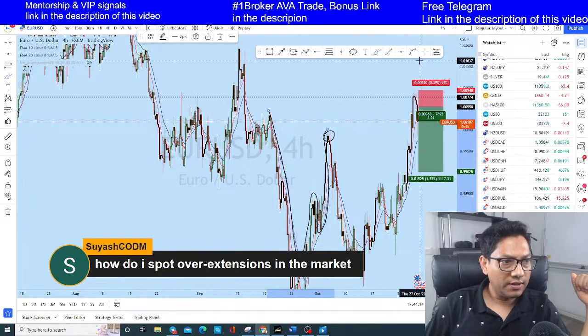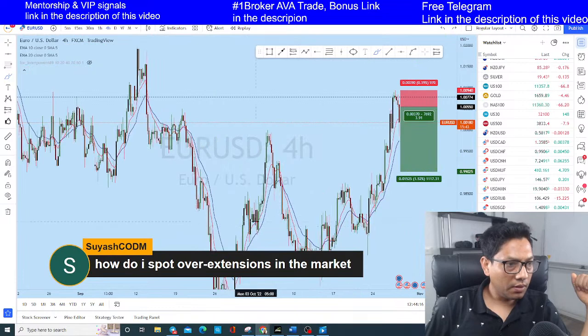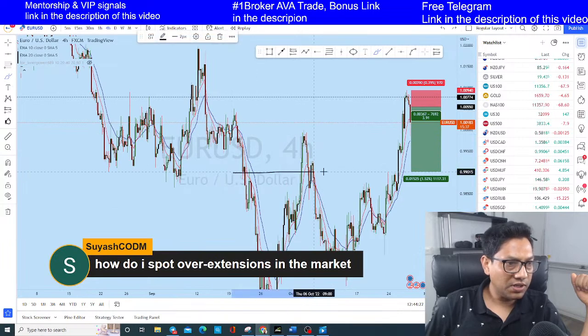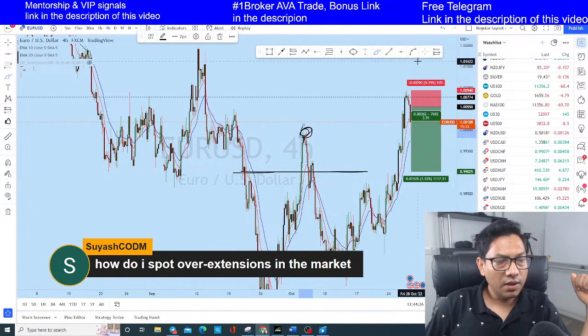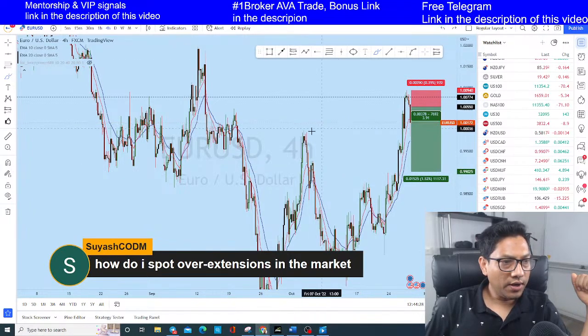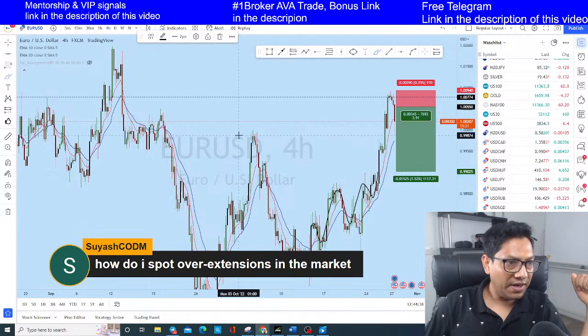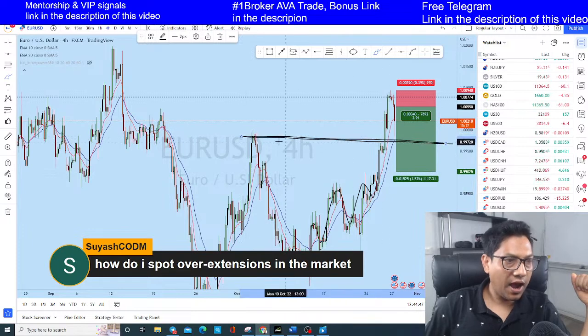Now when the price created this move, it was in fact a fresh high from this level. So it's an overextension. Now when the price came to the dip again, every time the price was creating a series of higher highs and higher lows, but still below the recent high.